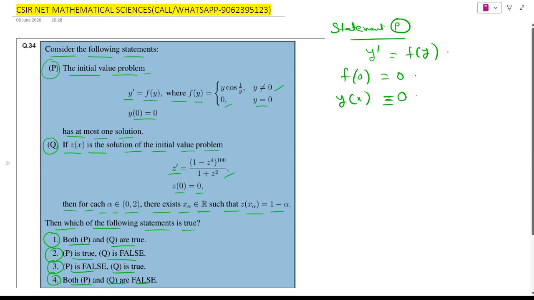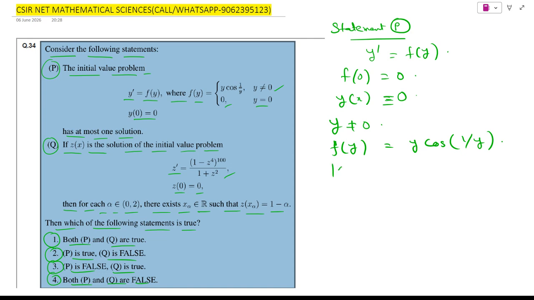Now many students immediately start checking the continuity. So that is not always necessary. Sometimes a much stronger idea is hidden. So if the right hand side is dominated by mod of y, then the uniqueness can often be proved directly. Okay. So now estimate the right hand side for y not equal to 0. f(y) is what? y cos(1/y), right?